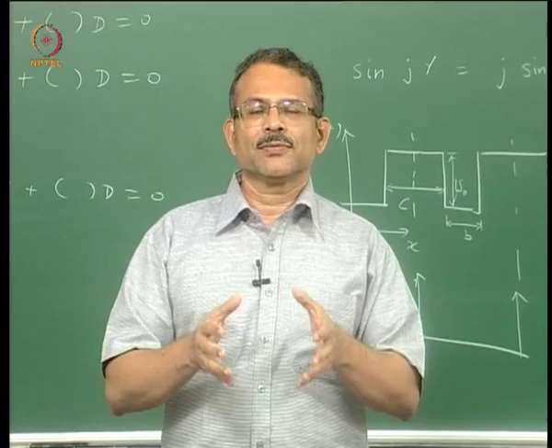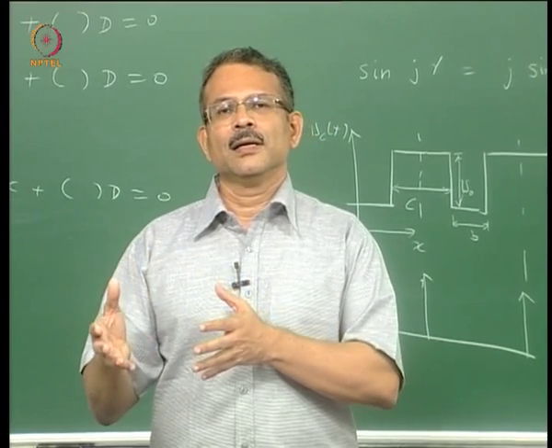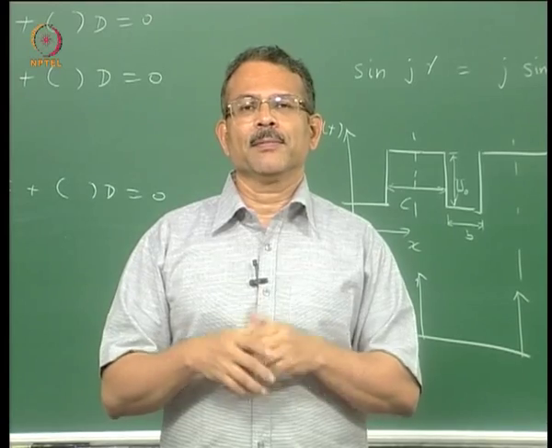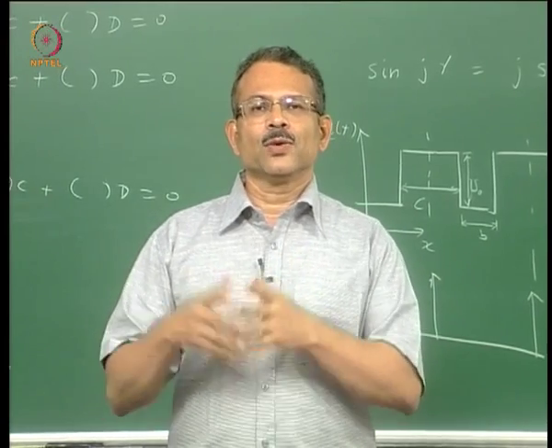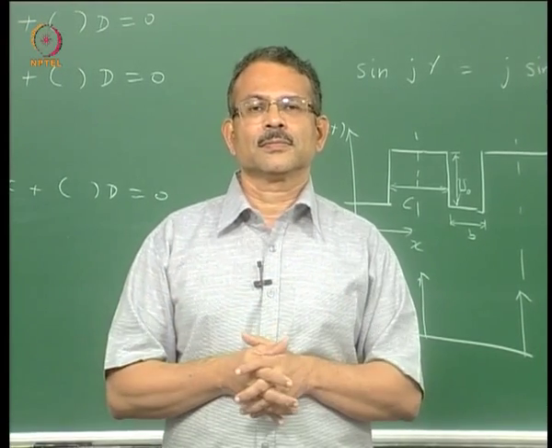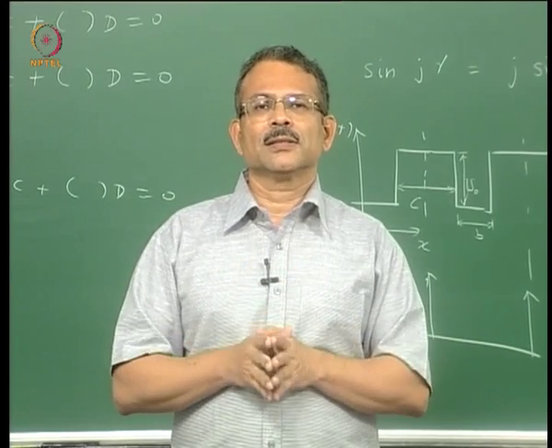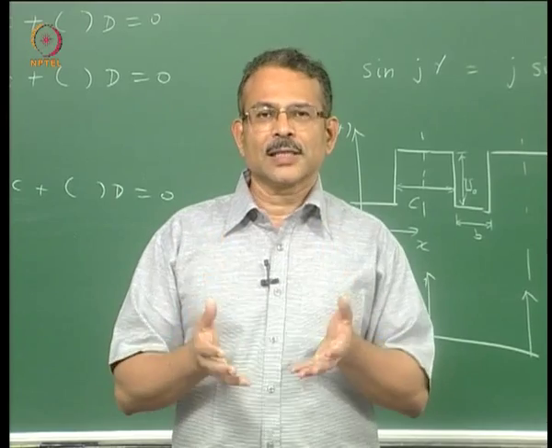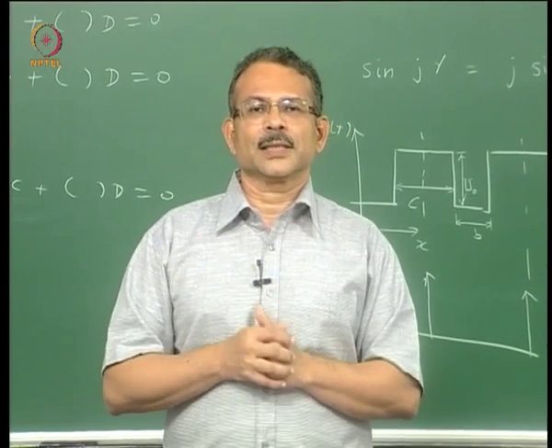Now, the qualitative features of this solution can be applied even to real crystals. So, we have discussed also the shape of the Ek relation for real crystals such as silicon and gallium arsenide.